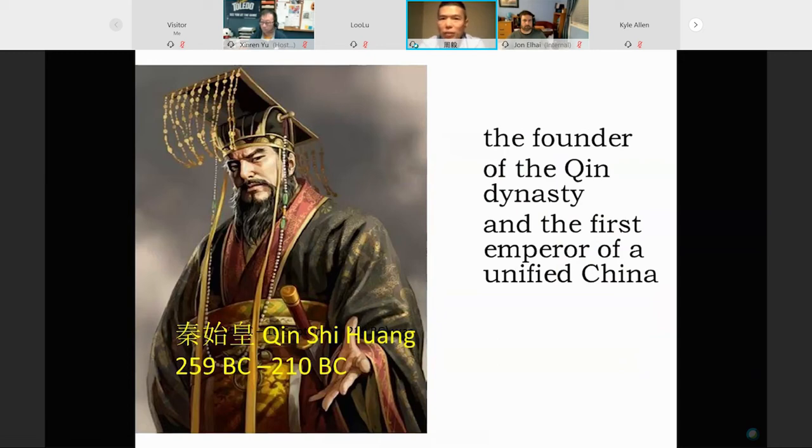There are many tribes, but he was the first emperor of a unified China 2,000 years ago. Qin is his dynasty name. Shi is the beginning, the first. Huang is the emperor. So he was the first emperor of China.